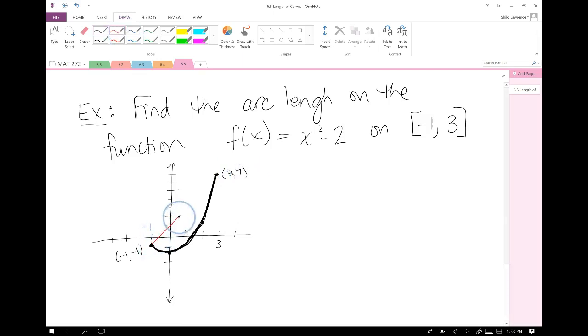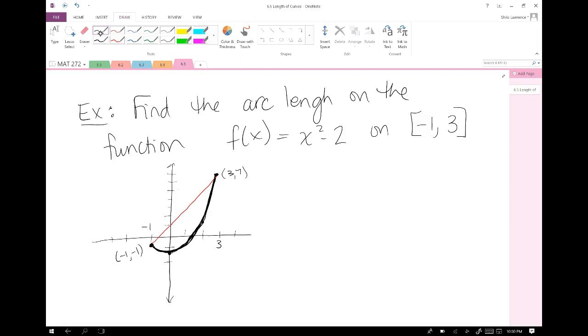That would be this distance, and obviously that distance is much shorter. If you remember the saying, the shortest distance between 2 points is a straight line, that's always going to be true. You could check that distance real quick to verify that the arc length that you found is reasonable and fairly accurate, because your arc length should always be longer.